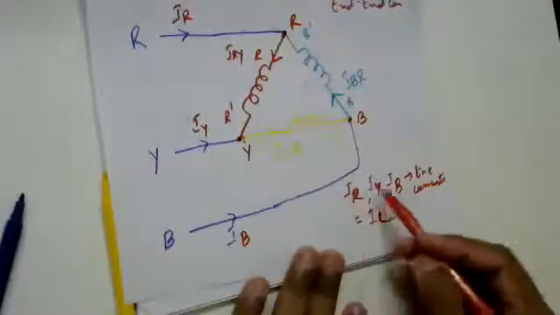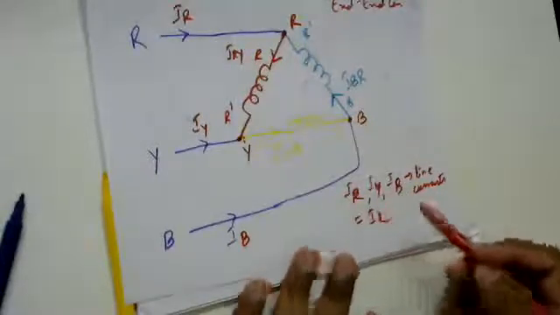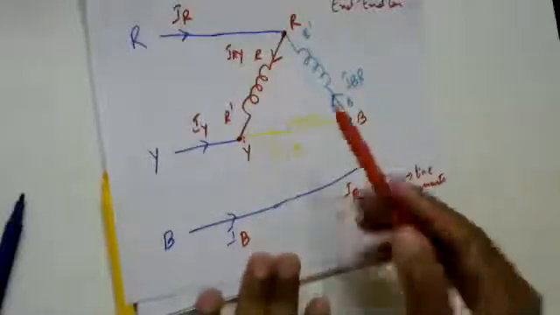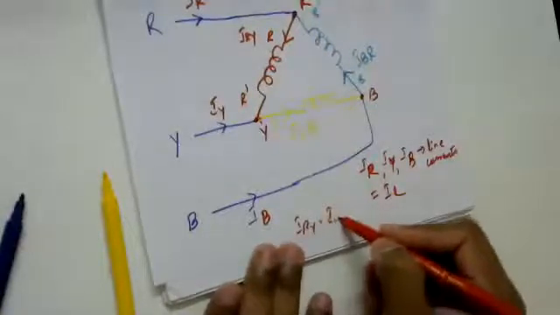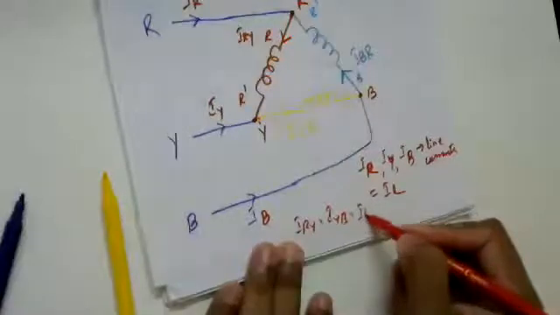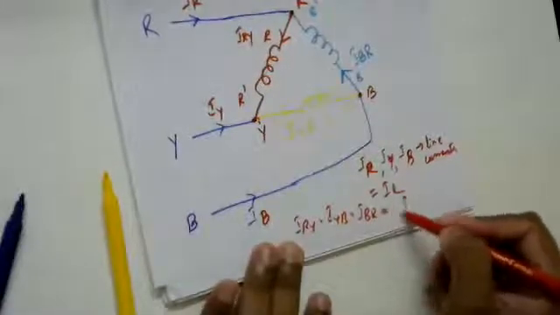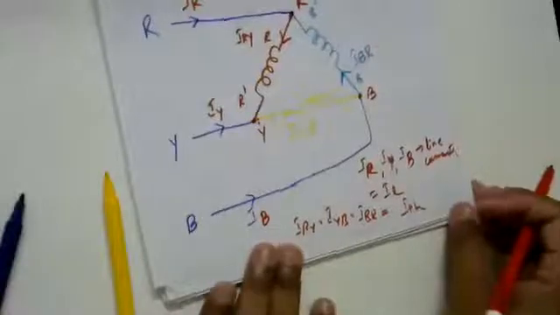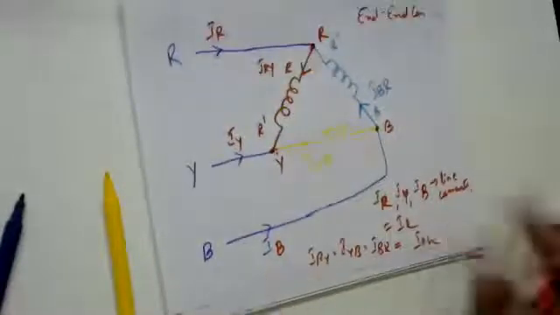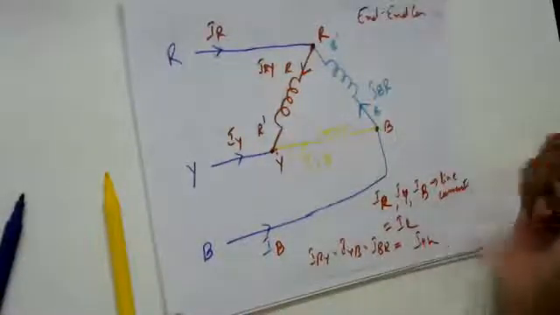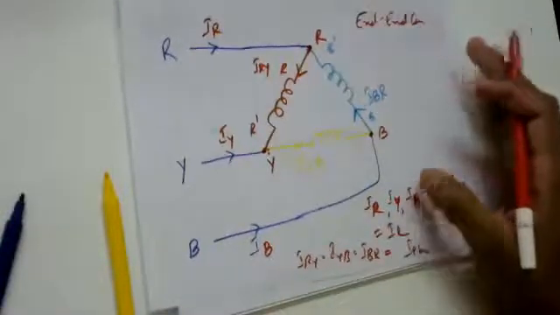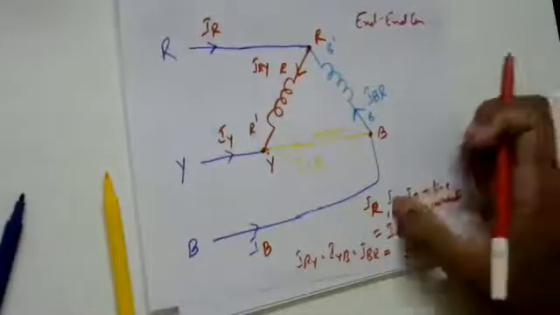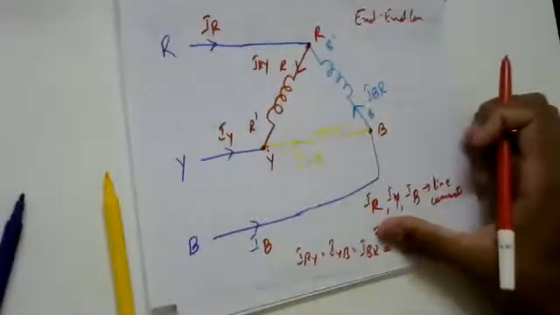Then I'm having one more set of currents, IRY, which is equal to IYB, which is equal to IBR. These are my phase currents. Recall that in a star connection, your line current was equal to the phase current, which is not the case in delta. Line currents are different, phase currents are different.